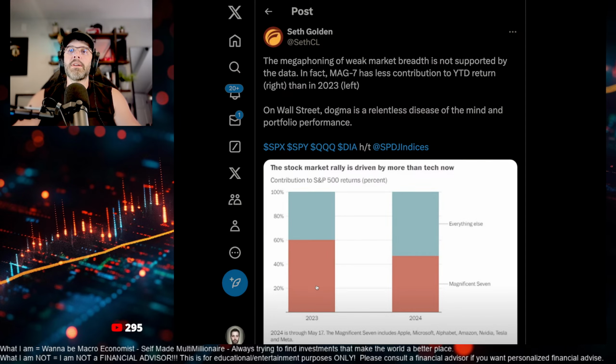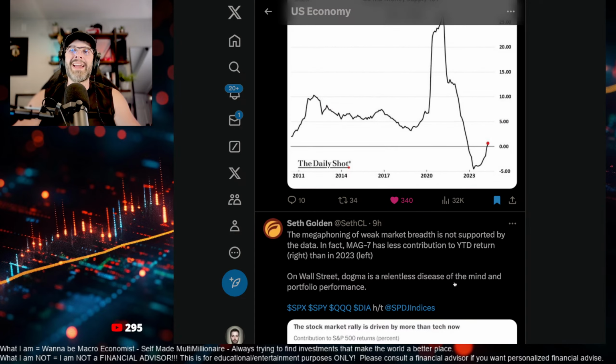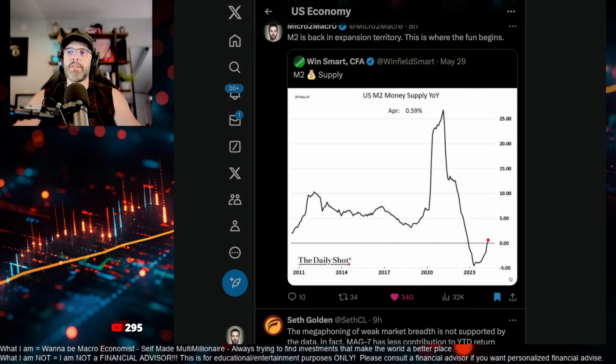Look at this. In 2023, the Magnificent Seven made up 60%, and now they're sub 50, in the 46% range. So we're seeing less of this, and we're seeing stronger market breadth, and that's the reality of it, not all the nonsense. So ignore the nonsense. Focus on the reality.